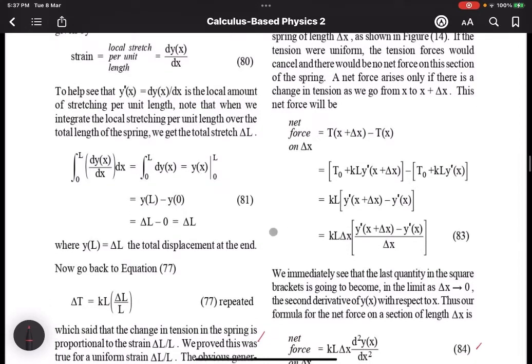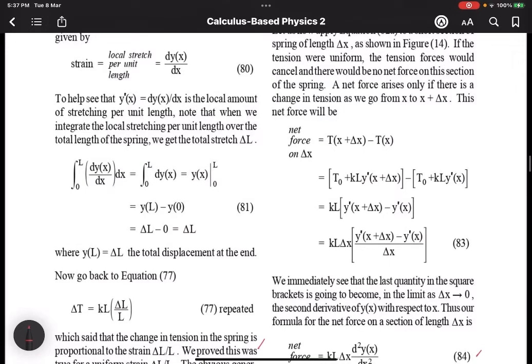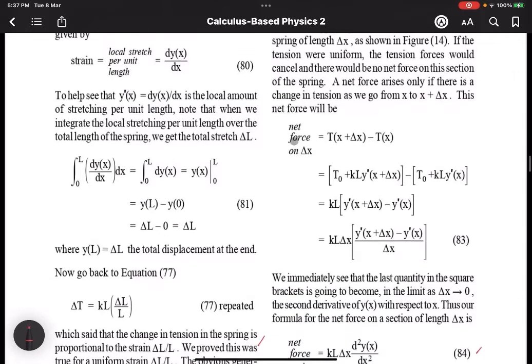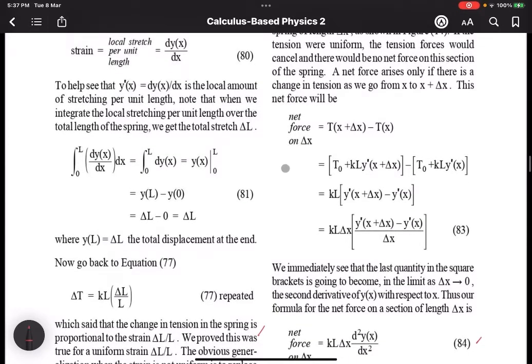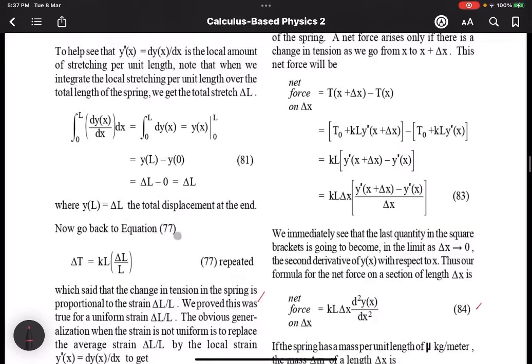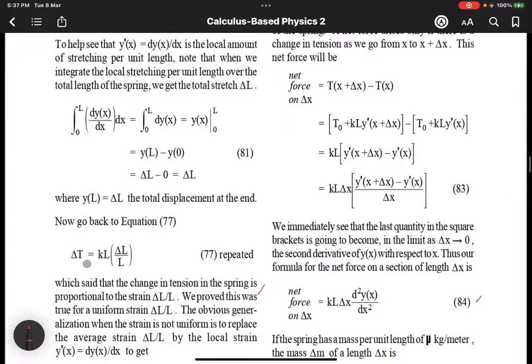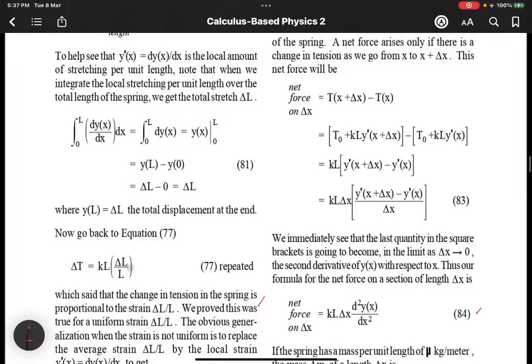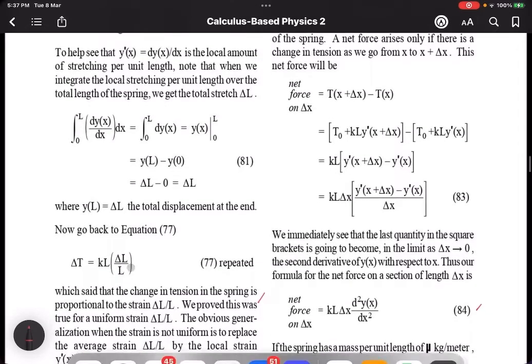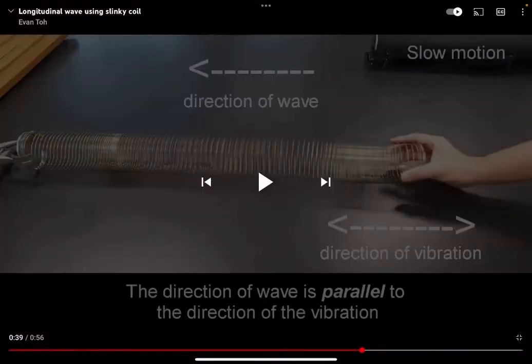So, from 0 to the change in displacement or y(x), it will produce what we call the net force on the change in x. So, going back to equation 77, we will have the change in tension is equal to KL times the change in length over L. So, babalikan natin yung video. Okay? So, makikita nyo to.